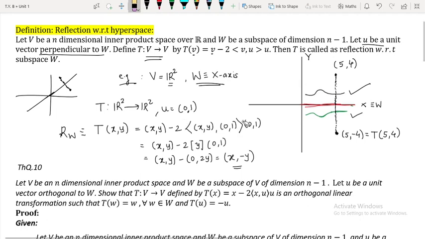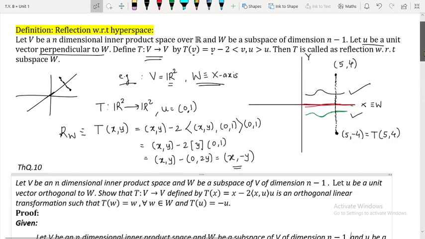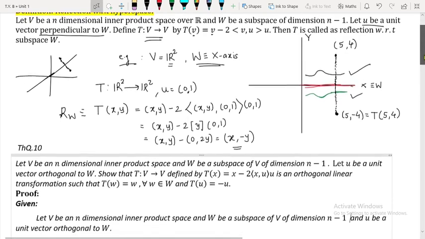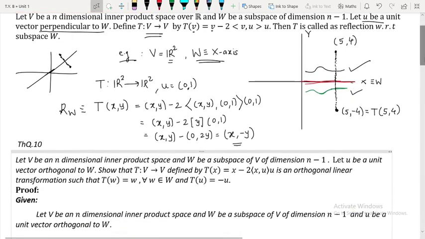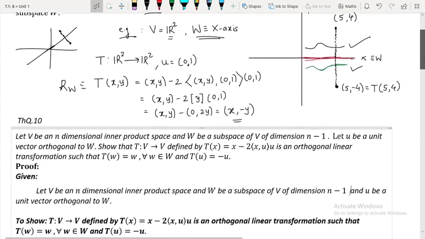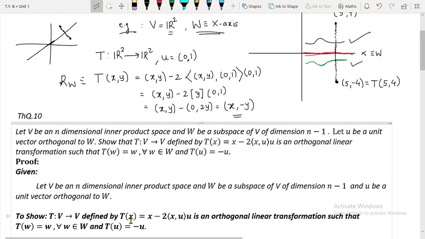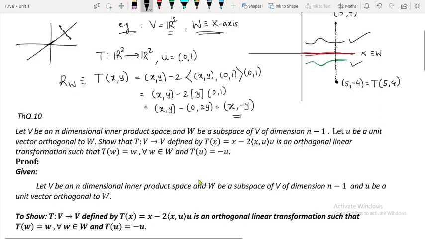So first of all, I have written the given things, so we will see what is typed. Yes, so first of all the given things, and then I am having this. Now don't forget that this U is a unit vector perpendicular to W. So U is a unit vector in the sense that we have norm of U equal to 1. When is a vector said to be unit?